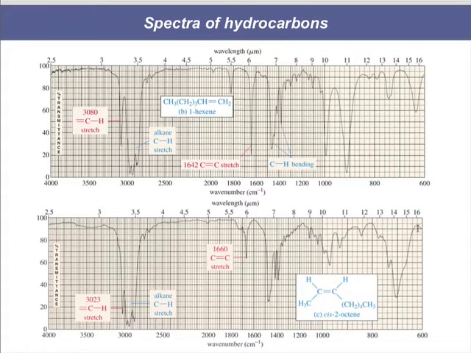The point that I want to make here is that IR spectra tell you what types of bonds are present, or what types of groups are present. It can't tell you how many there are. For example, if we've got 2 carbon-carbon double bonds or 3 carbon-carbon double bonds, if they've got the same properties, they're going to show up in the same place in the spectrum.